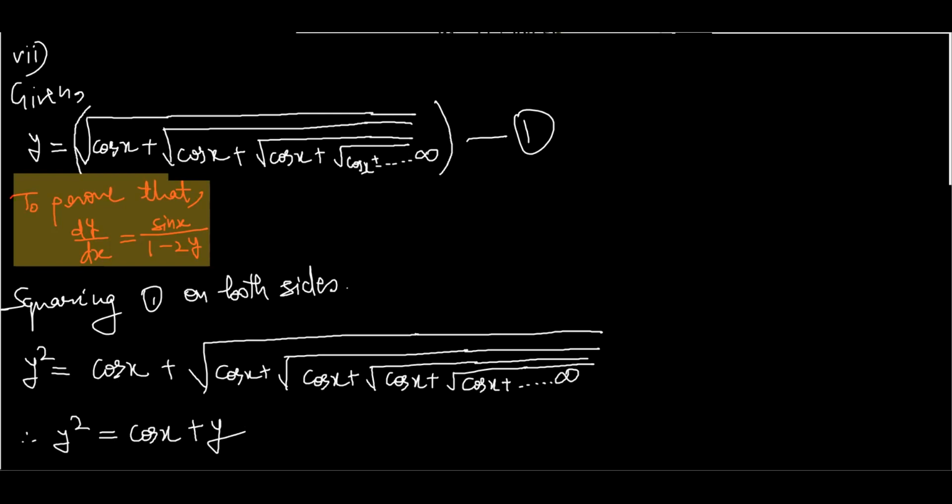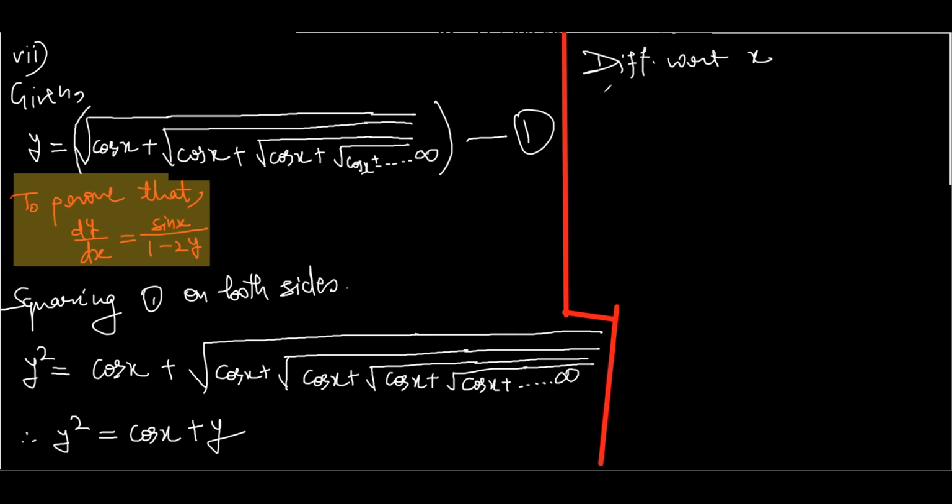Now once I got this, I can go for the derivative. So here I will write differentiating with respect to x. So d by dx of y square equals d by dx of cos x plus y.